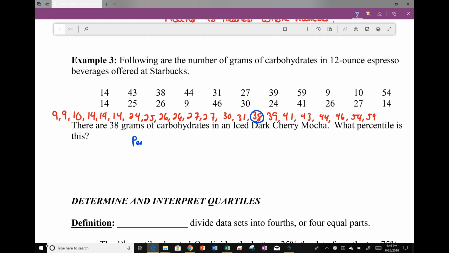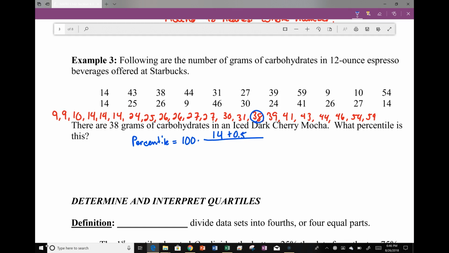Whenever I want to find the percentile, I'm going to take 100 times, and then I'm going to count how many values are below that number, again not including that one. So 1, 2, 3, 4, 5, 6, 7, 8, 9, 10, 11, 12, 13, 14 numbers.